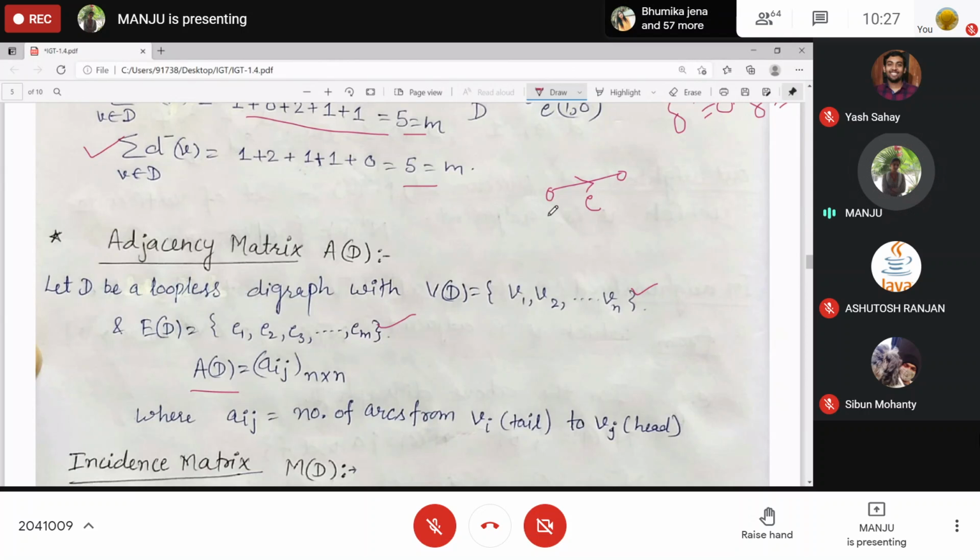But here Aij means the number of arcs with ith vertex as tail and jth vertex as head. And Aji will be with jth vertex as tail and ith vertex as head. Clear?